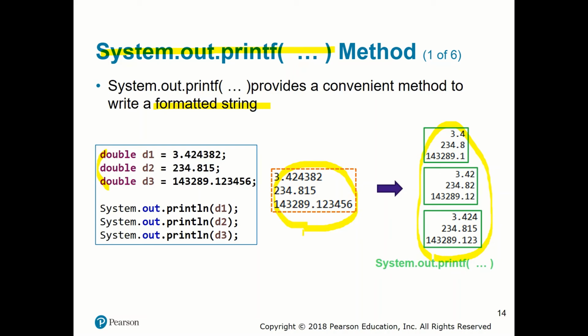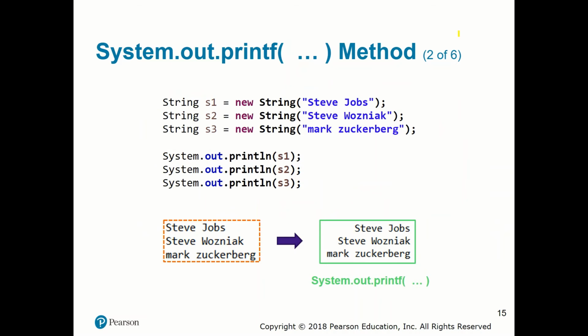So I'll explain about this. Look at this code. There are 3 string data, S1, S2, and S3. If you print out these strings using the println method, the output will look like this. The System.out.printf method allows the result to come out like this.